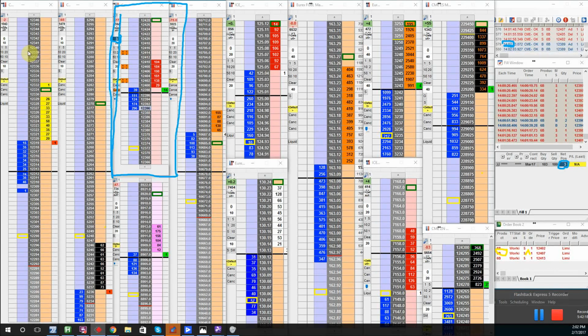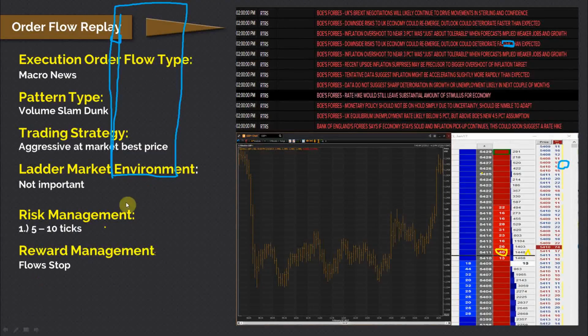There are a whole bunch of macro events that really drive the global market environment, and that's really key. That's what I wanted to share with you and show you in this strategy.